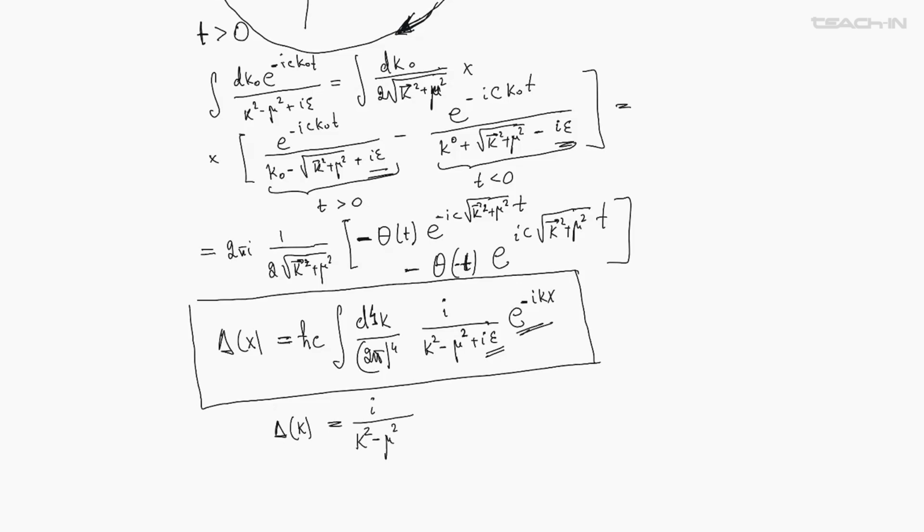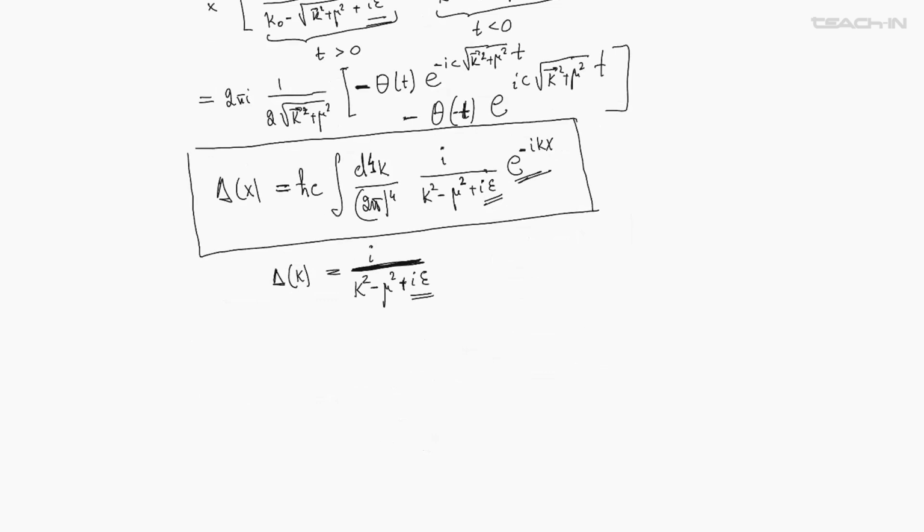And today I explained where this i epsilon comes from. It comes from precisely encoding this causality of acts of creation and annihilation of particles with the help of the T ordering product. And so T ordering sits in this i epsilon shift in the denominator of the Feynman propagator.